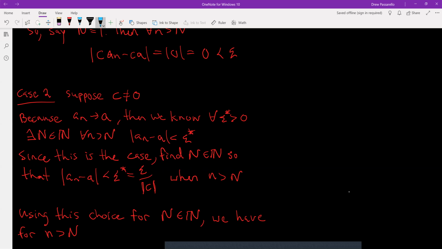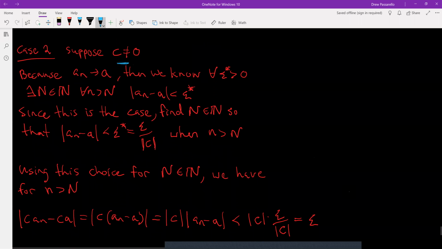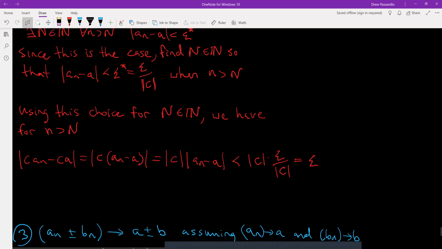All right, so again, we can do this because c is not 0, whenever little n is bigger than capital N. So using this specific choice for capital N, we have that for all little n bigger than capital N, the following.